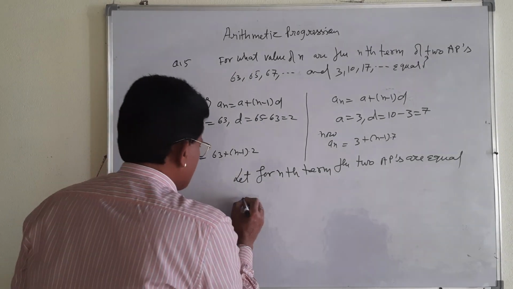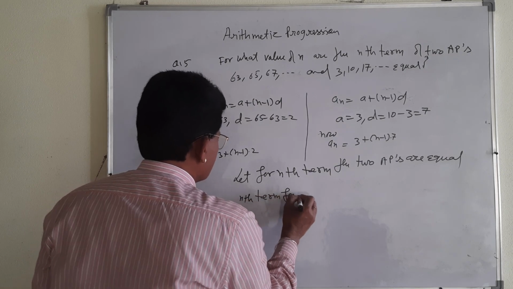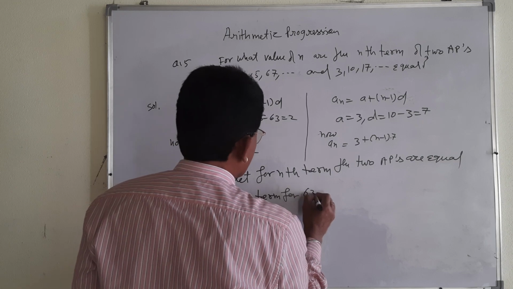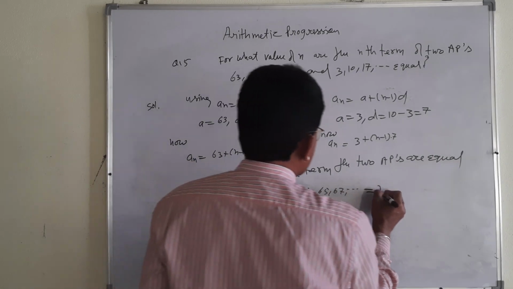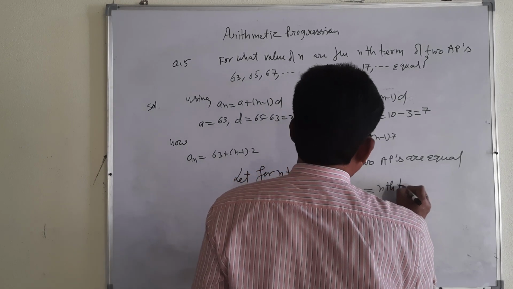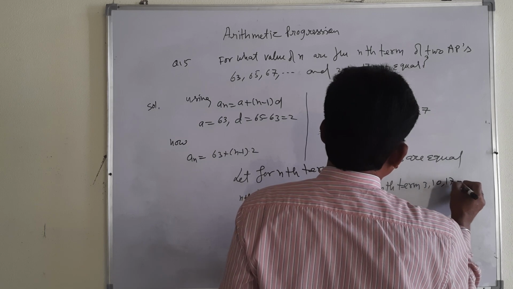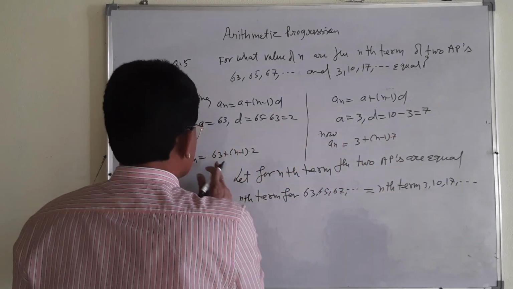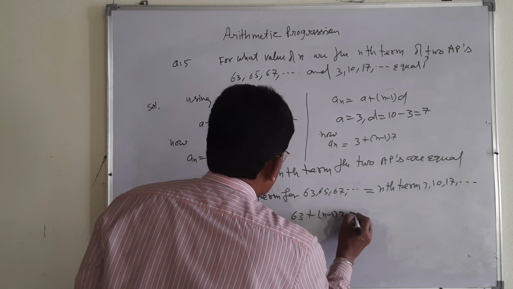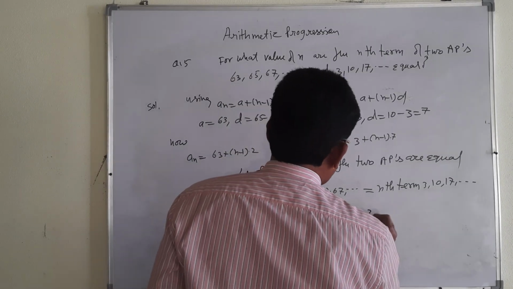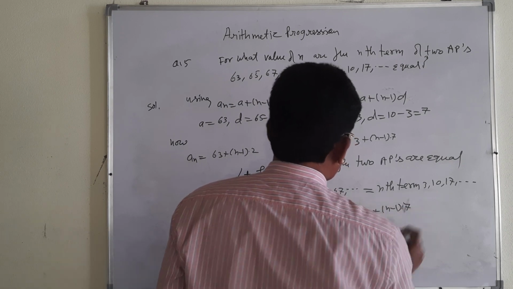Okay, now nth term for 63, 65, 67 will be equal to nth term of 3, 10, 17 and so on. What is the nth term for this one? 63 plus n minus 1 into 2 will be equal to 3 plus n minus 1 into 7.